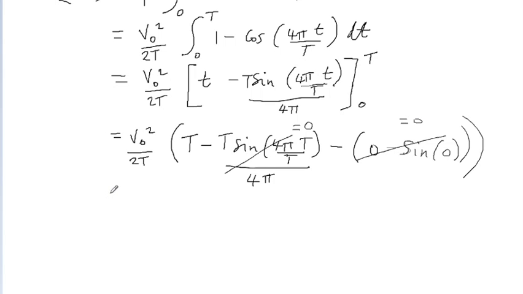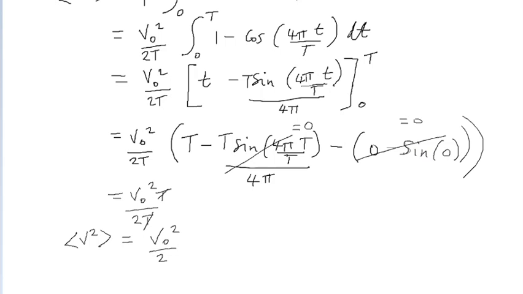So this becomes v naught squared over 2t times t, and then the t's cancel. So we find that the average of v squared is going to be v naught squared over 2.